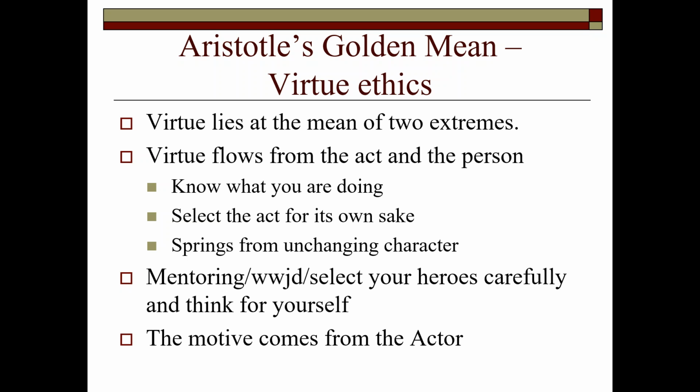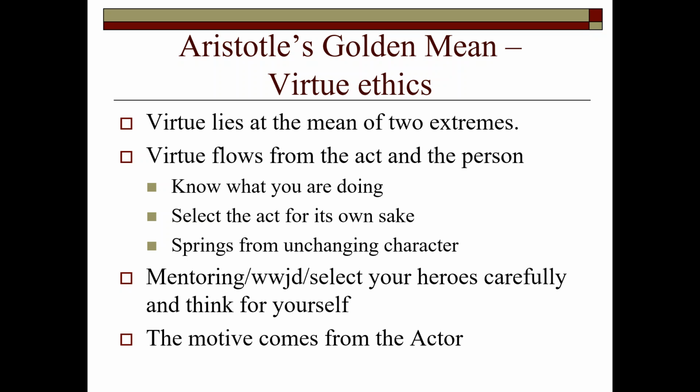when I grow up. So when you face an ethical dilemma and you're using Aristotle's golden mean to resolve that dilemma, then you can apply the WWJD. What would Jesus do? Or what would my brother do in this situation? Or what would my mother do in this situation? The caution here would be: choose your heroes carefully, and remember to think for yourself.